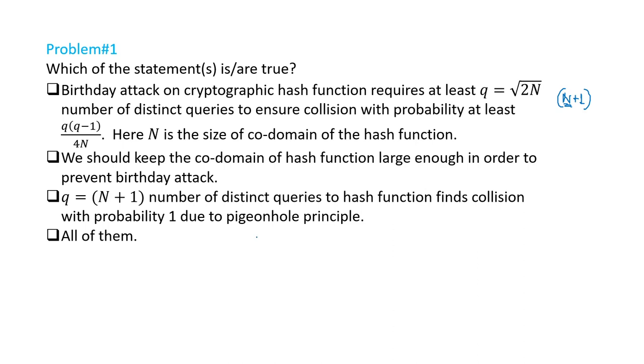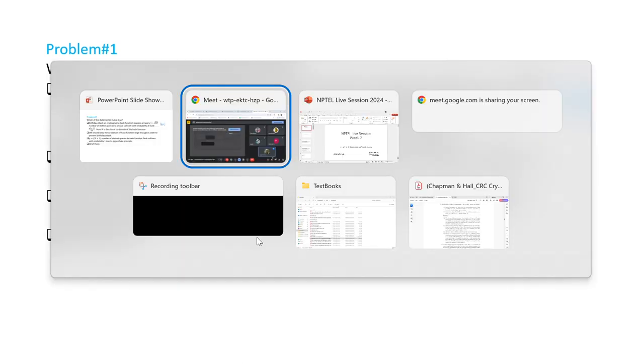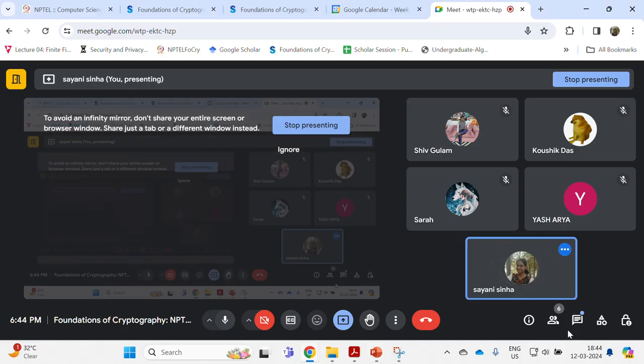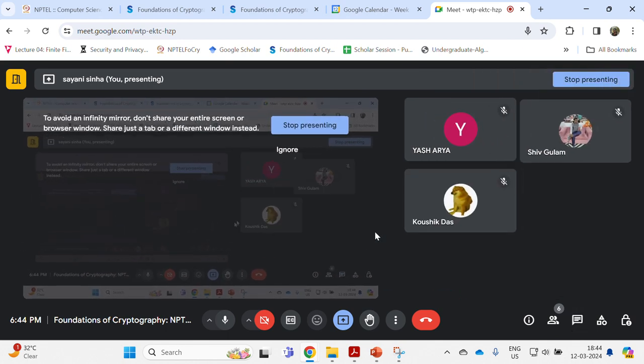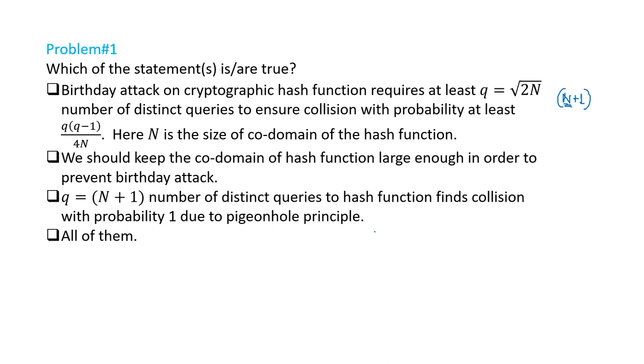But if you keep your n large enough, that is the codomain size, such that doing n plus 1 queries means doing an exponential number of queries to the hash function, then it is practically difficult to mount this naive attack on the hash function, right? Okay, Shiv Gulam has answered true. So this is true, yes.